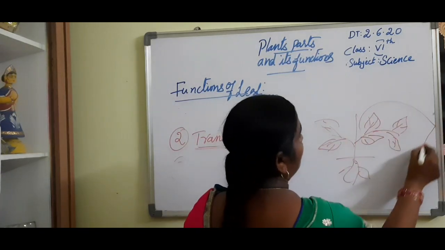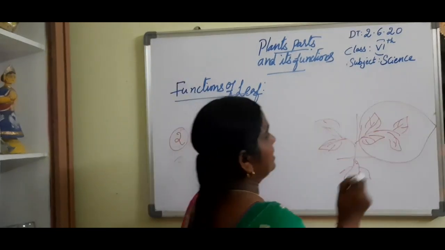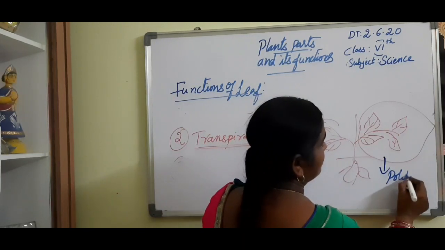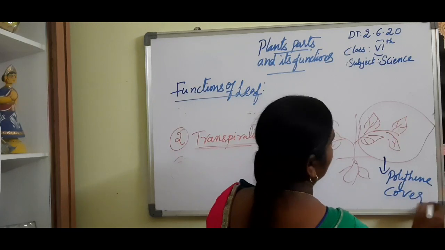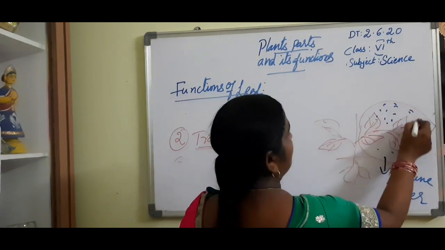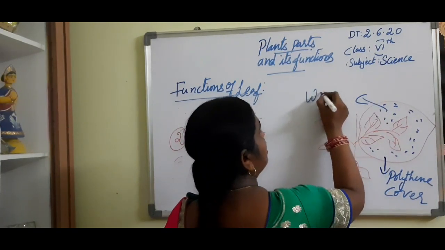Cover it with a polythene cover. This is what? Tell me. Polythene cover. We can find small droplets of water. These are what? Tell me.